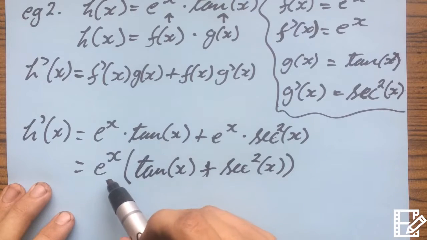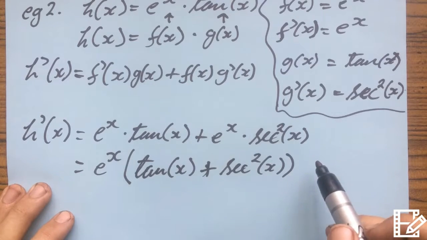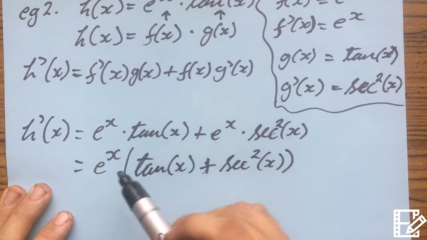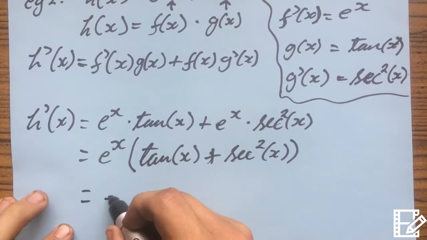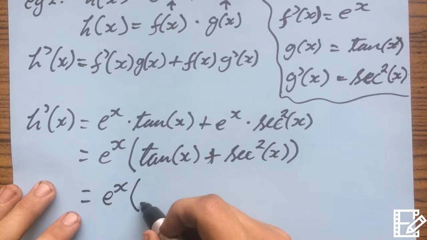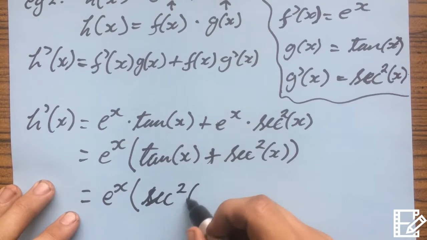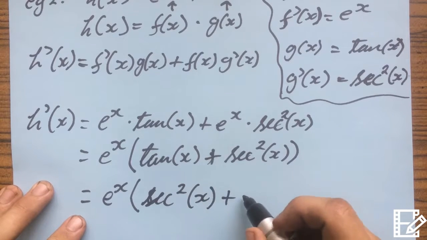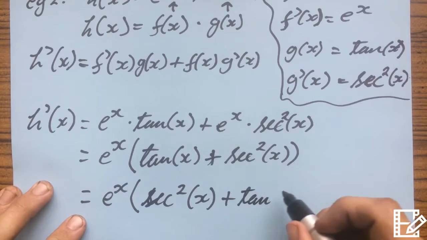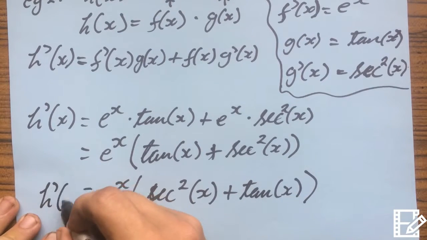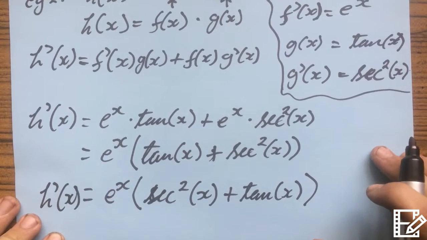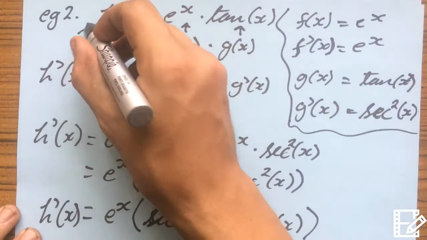So if we were to expand these brackets, we would end up with this up here. This is just a neater one, like I said before. And if you wanted to go a bit further, because you make the highest power at the front usually, that there would be the derivative of this function up here.